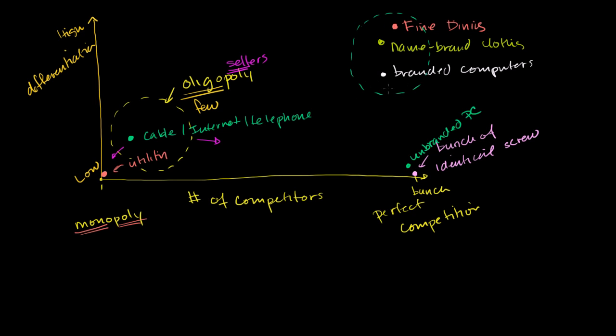And so these players up over here, these markets, we would call monopolistic competition. When you first hear that, it sounds more like a monopoly because the first word you hear is monopolistic, but at least in my mind, this is closer to perfect competition than it is to a monopoly.